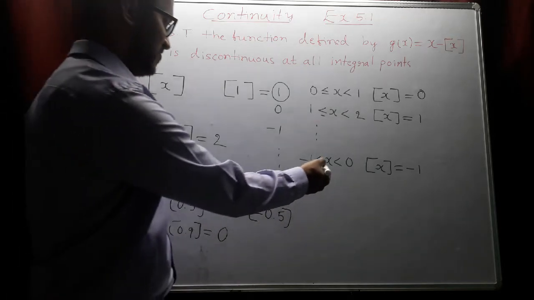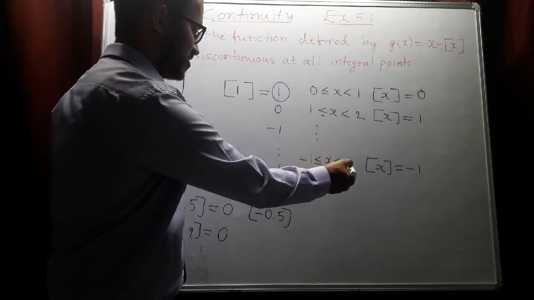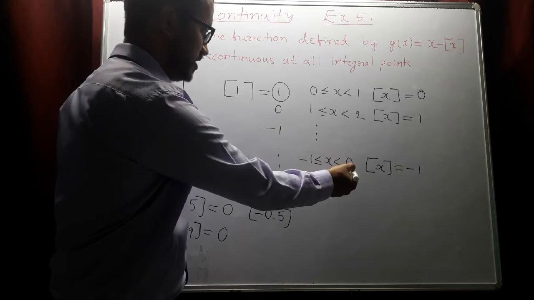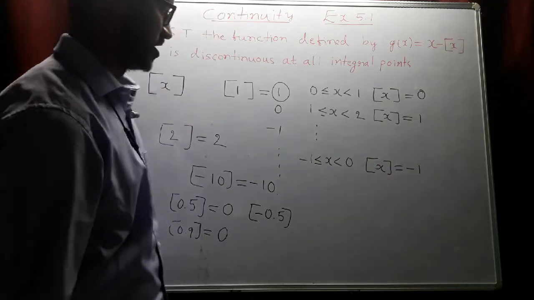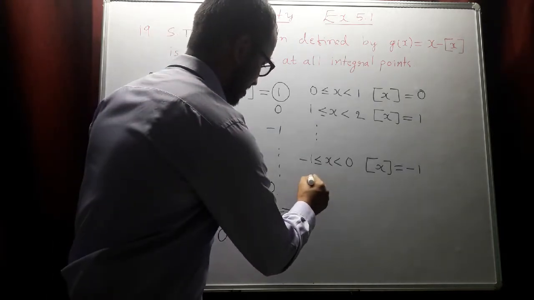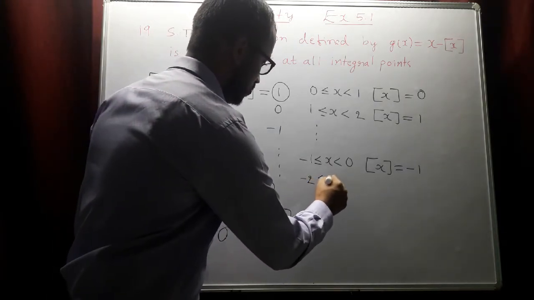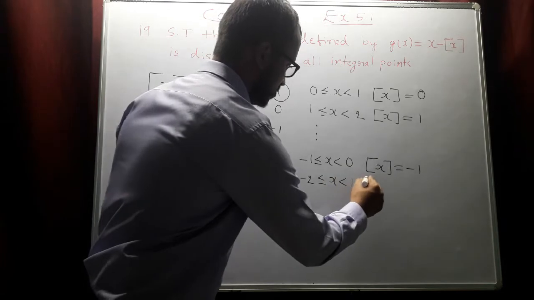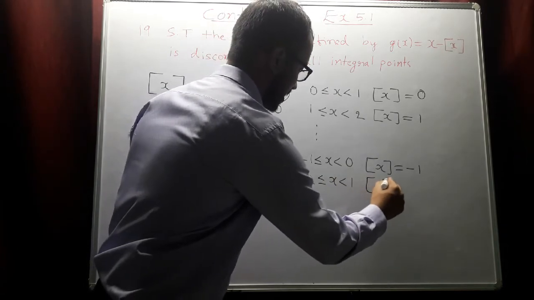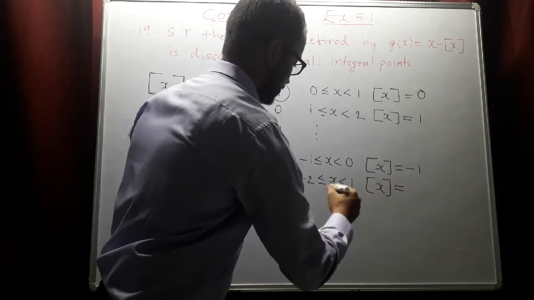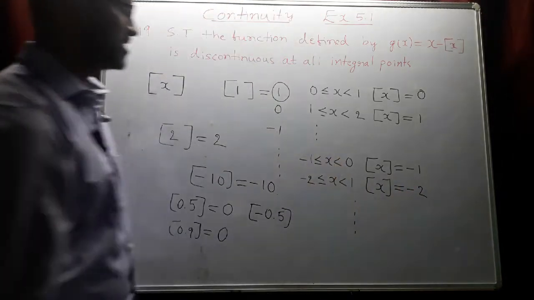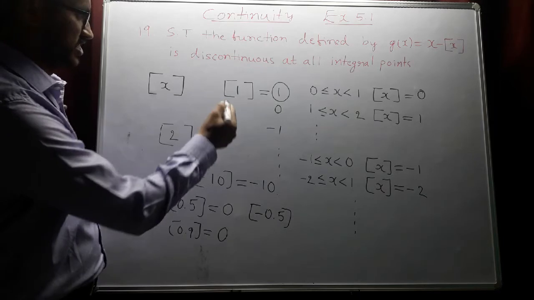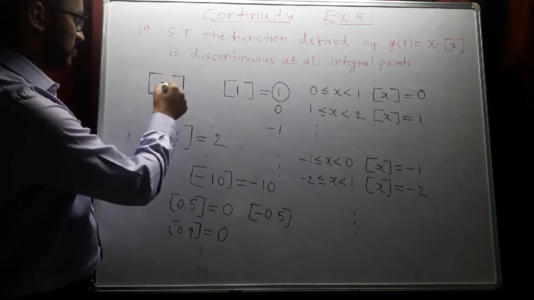So if you take any value from minus 1 to 0, excluding 0, the value of the greatest integer is minus 1. Similarly, if you consider the values from minus 2 to minus 1, the value of the greatest integer will be minus 2, and so on. So this is the definition of the greatest integer less than or equal to x.